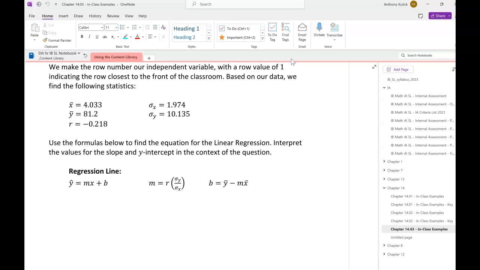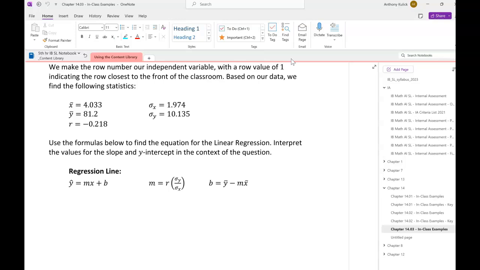What did we get here, homies? Somebody got a slope for us yet? Y hat equals negative 1.12 x plus 85.7. Great. That's what I got. What does that mean in the context of the question? What was y again?